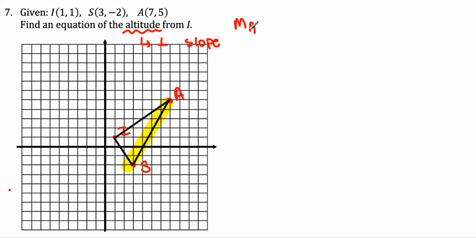Slope of AS between these 2 points is 5 minus negative 2 over 7 minus 3. Then here we end up getting 7 over 4.